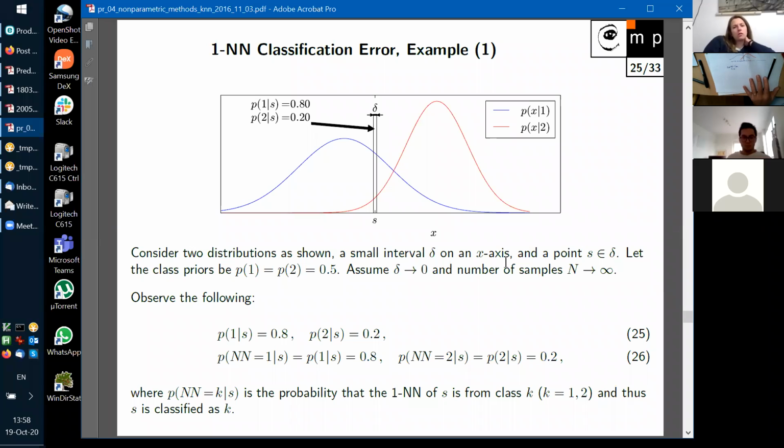Now, let's see what happens if we run nearest neighbor. I will now extend this, like this is the area around S. If we have a lot of points, for n going to infinity, 4 things can happen around here.